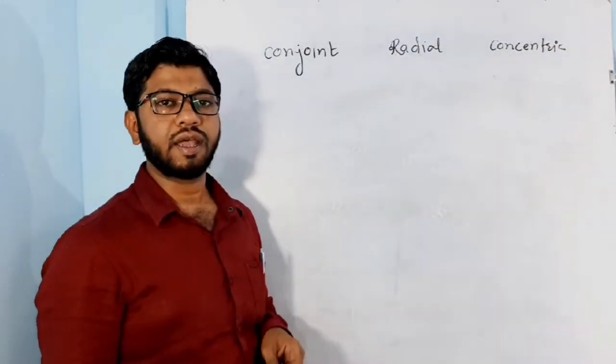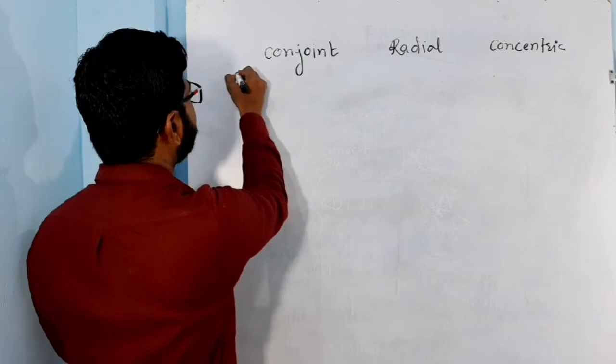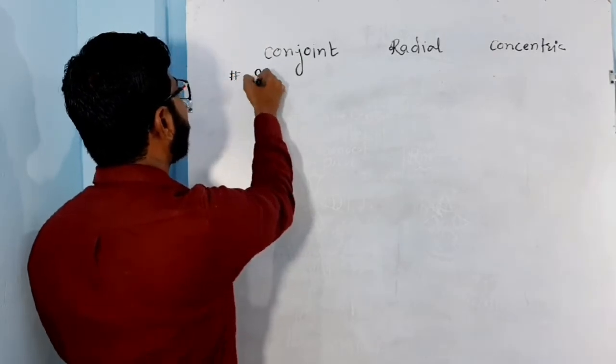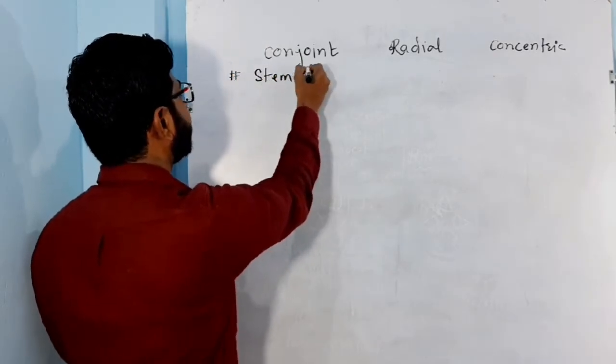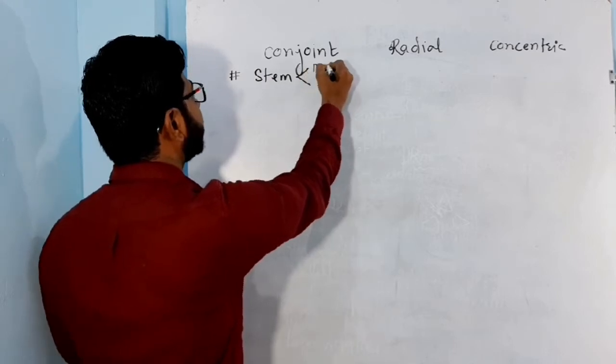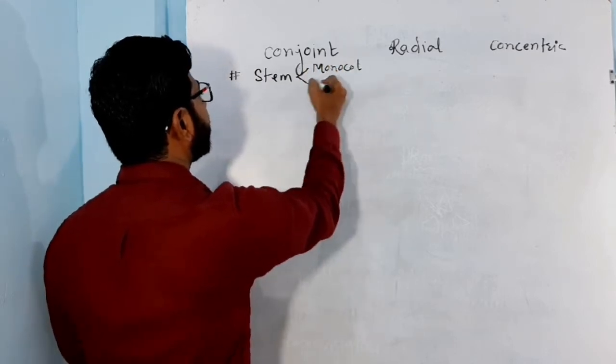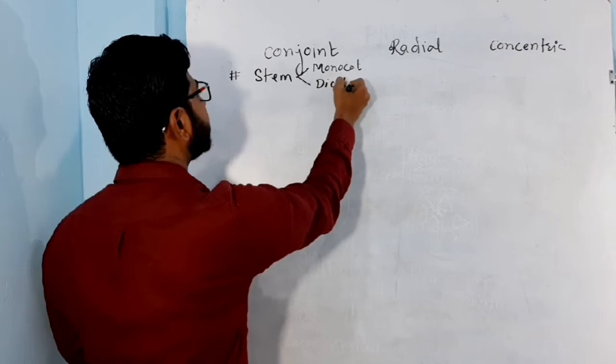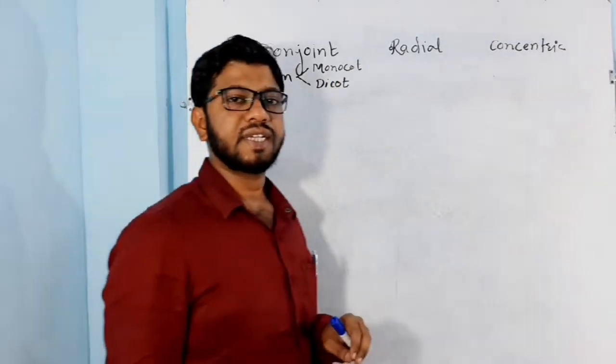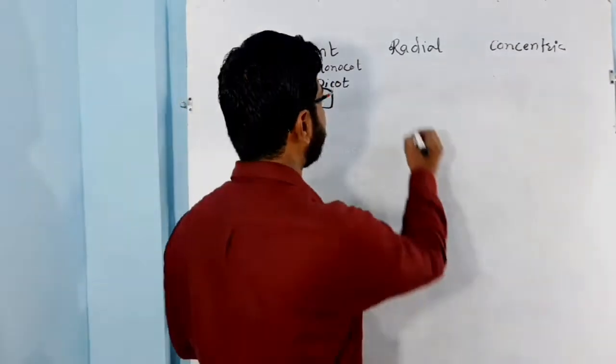Conjoint, radial and concentric. Conjoint vascular bundle are the characteristics of stem. Both the stem of monocot as well as the stem of dicot possess conjoint type of vascular bundle.